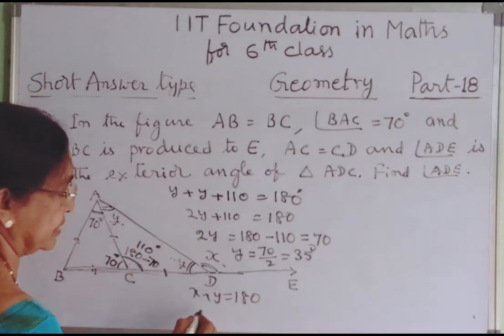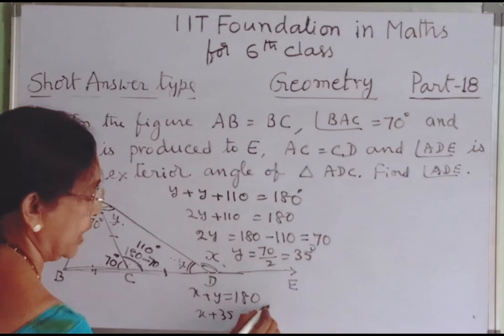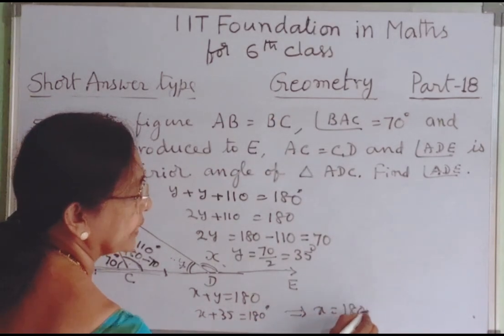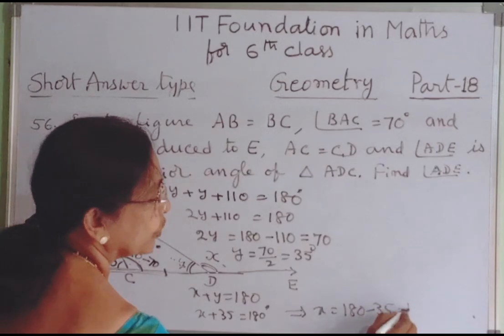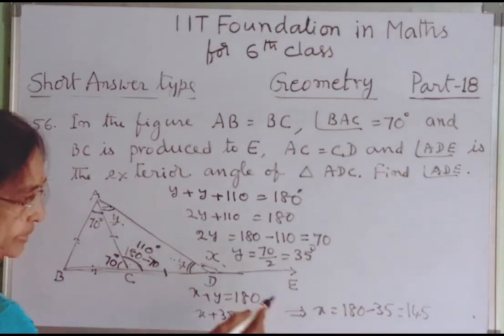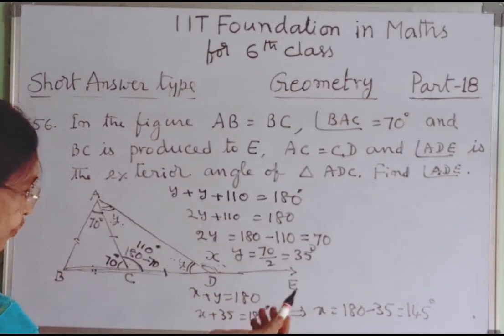But we know that y is 35, therefore x plus 35 is equal to 180 degrees, or x is equal to 180 minus 35, which is equal to 145. So this angle x is equal to 145 degrees.